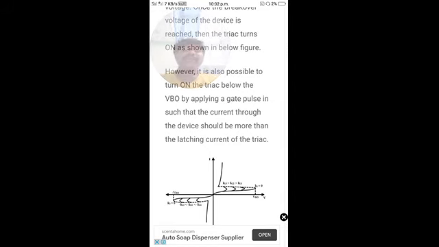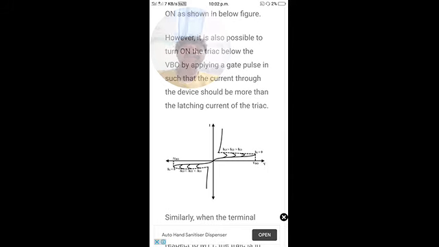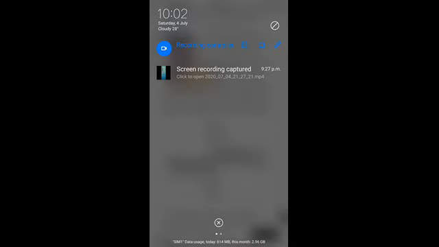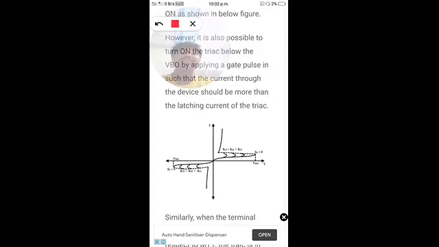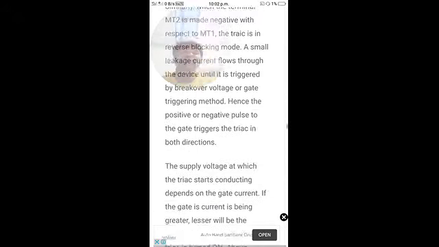That will happen in the first and third quadrants, in the forward and reverse directions.